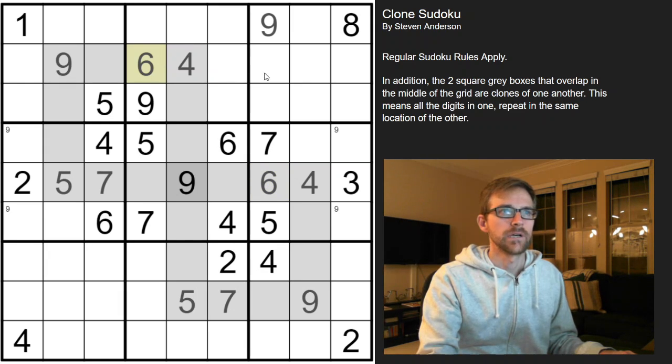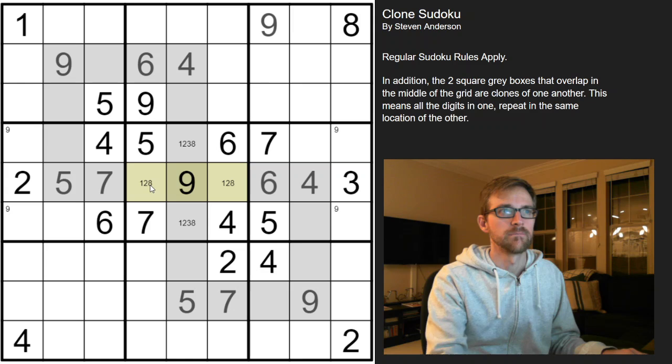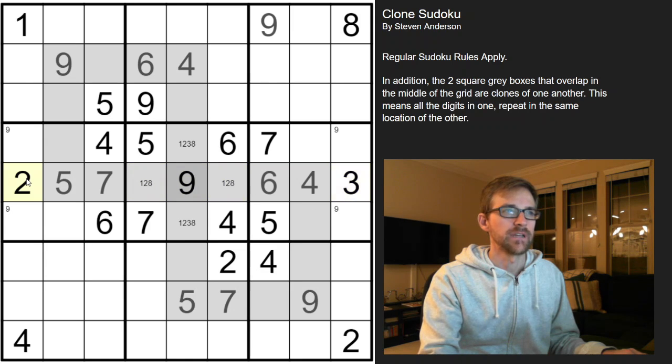And now, let's see, we have a quadruple here. We're missing a 1, 2, 3, and an 8. Well, we know the 3s can't be here in the middle because of that one. And we know 2 can't be there because of this one. So that's going to be a 1, 8 pair, making this then a 2, 3 pair.